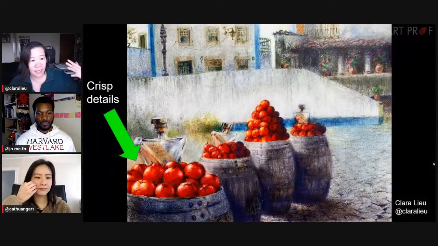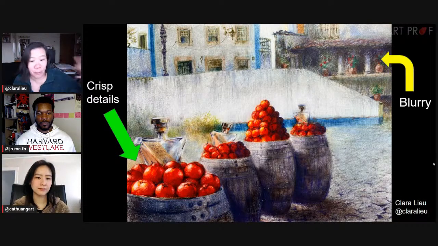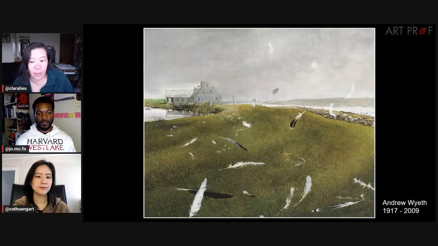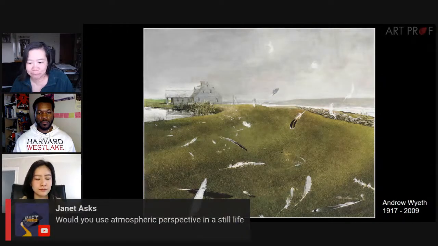And you can see how I deliberately shifted the details and the blurriness to get the atmospheric perspective to really work in this scene. Because if I tried it any other way, it wouldn't have worked if I was very faithful to the reference photo.